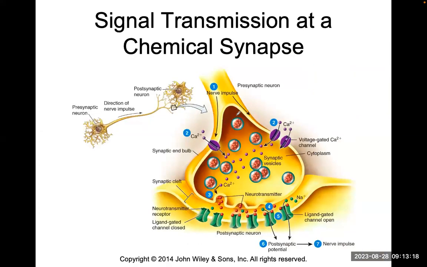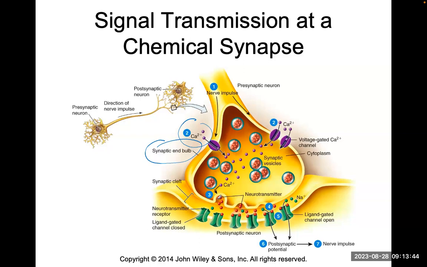So again, just another look. Here is the nerve impulse or the action potential coming down to the very end where you have the synaptic terminal or the synaptic end bulb. You could see that we have these synaptic vesicles that contain some sort of neurotransmitter, but calcium influxes in and moves the synaptic vesicle to the membrane.